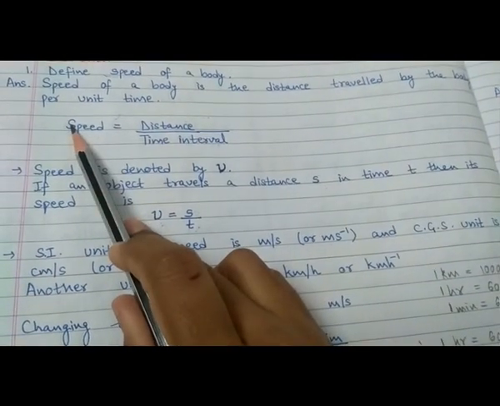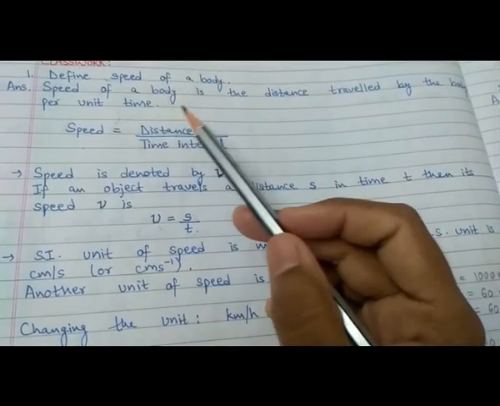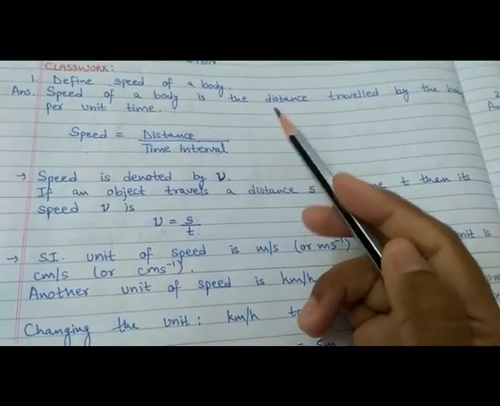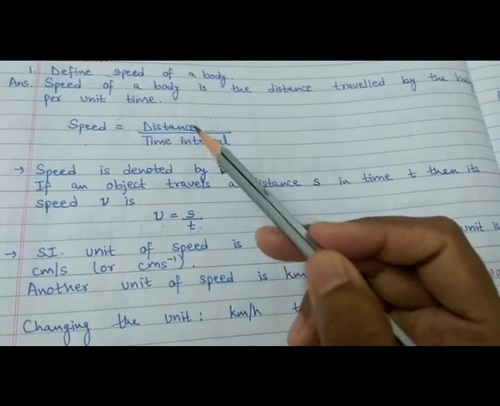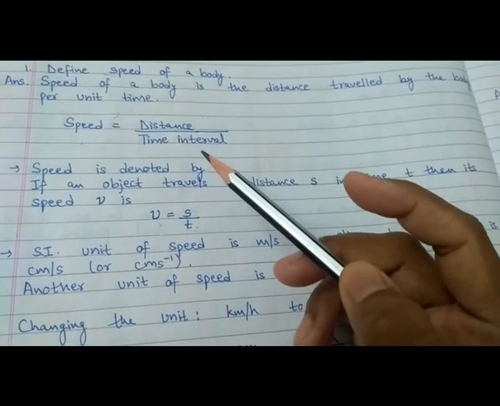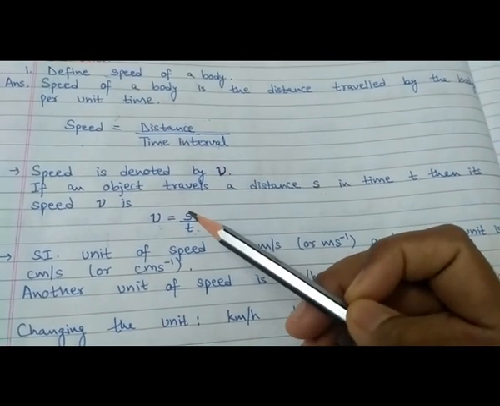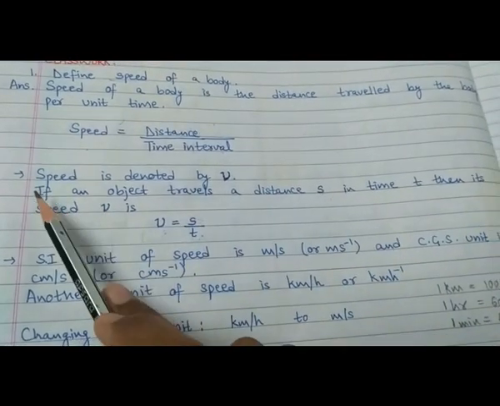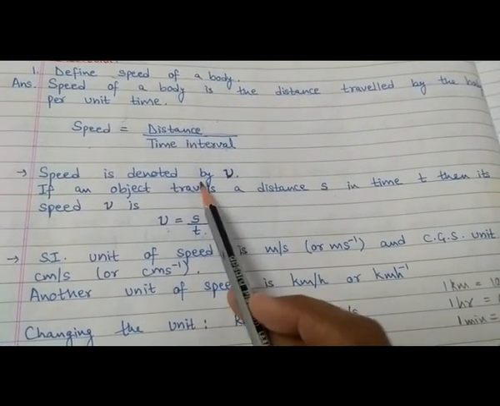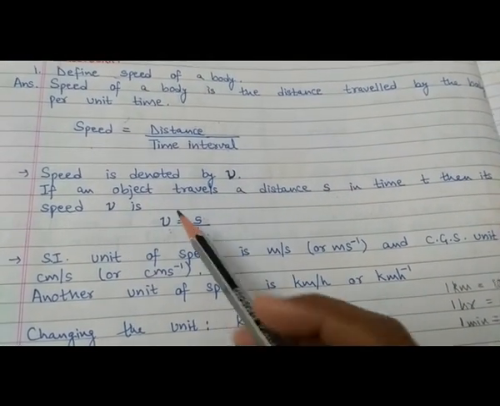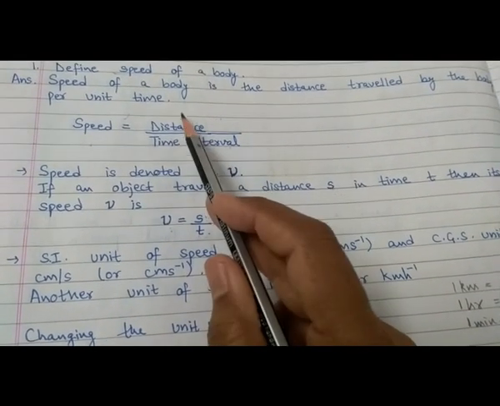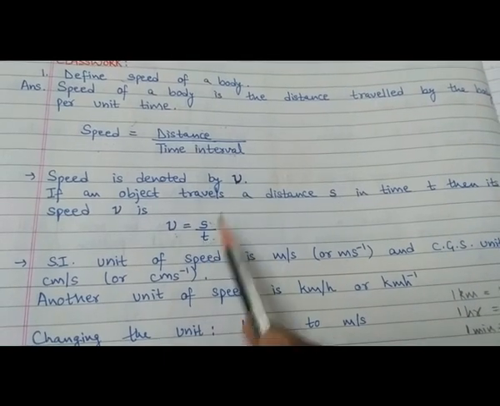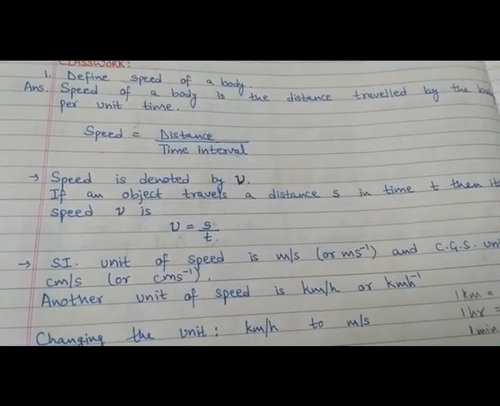Speed in general terms is distance traveled per unit time. That means distance traveled in unit time, or we can call it 1 second also. Speed is denoted by small v. v is equal to s by t, where s is the distance traveled and t is the time interval.